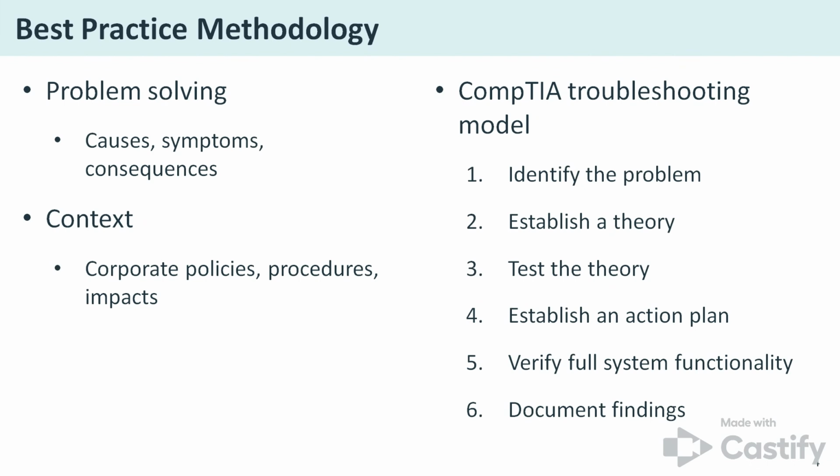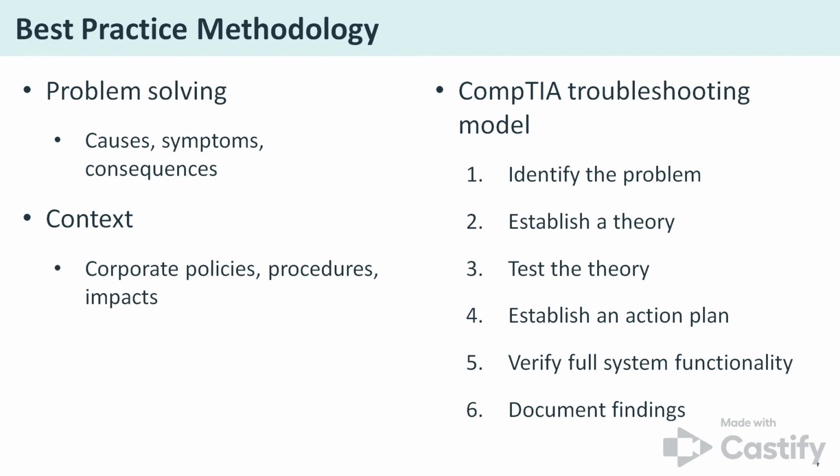You might start working in a company and they might have their own procedures for how to troubleshoot systems, so you might need to adhere to that. But for CompTIA, the troubleshooting model is in 6 stages.